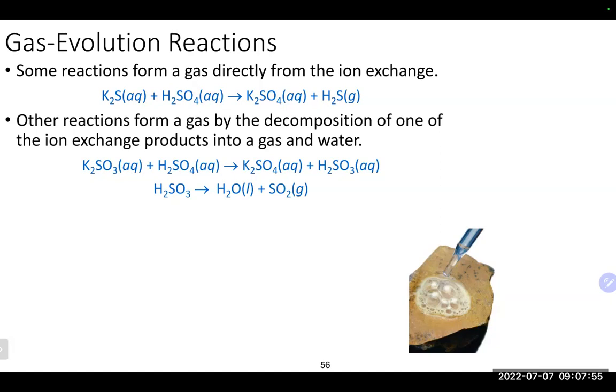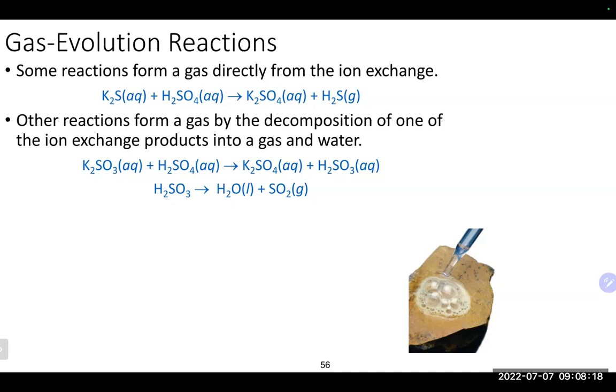And sometimes the gas is formed as a result of a secondary reaction that occurs with one of the products. So in the first case, we got some potassium sulfide and some sulfuric acid. When we put it together, we get some potassium sulfate and some hydrogen sulfide gas.